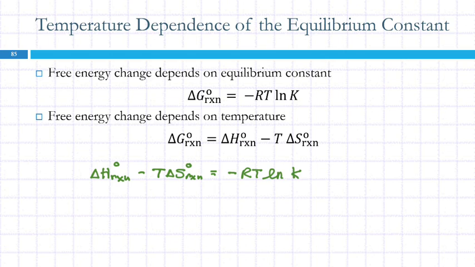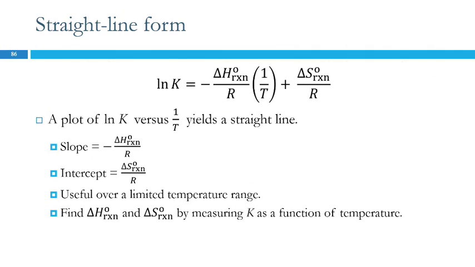And then you can rearrange that equation. So that's what they did here. They took that equation and rearranged it to the form of a line. So the natural log of K is equal to negative delta H over R times 1 over T plus delta S over R. This is the slope.